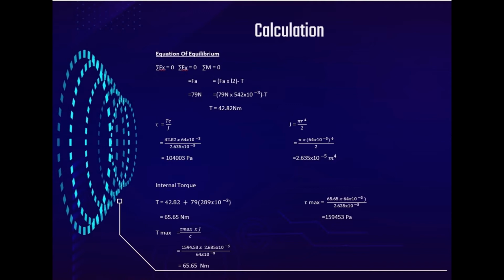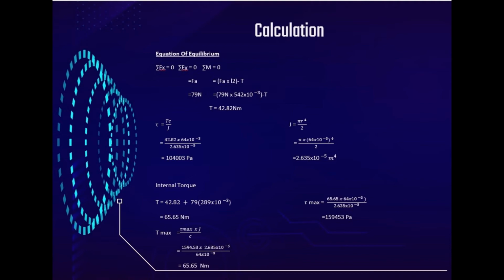From the equation, we need to find the factor of safety, where the formula is T max over T allowed, so we need to find both T max and T allowed. First, we determine the internal torque from the equation of force multiplied by distance, which gives 65.65 Newton meter.